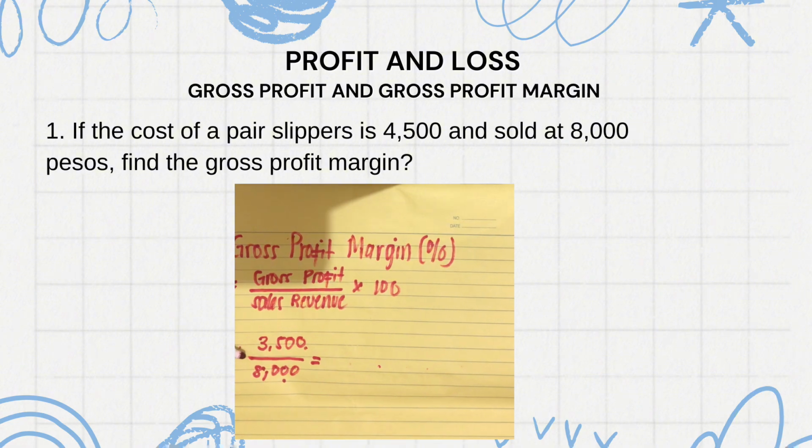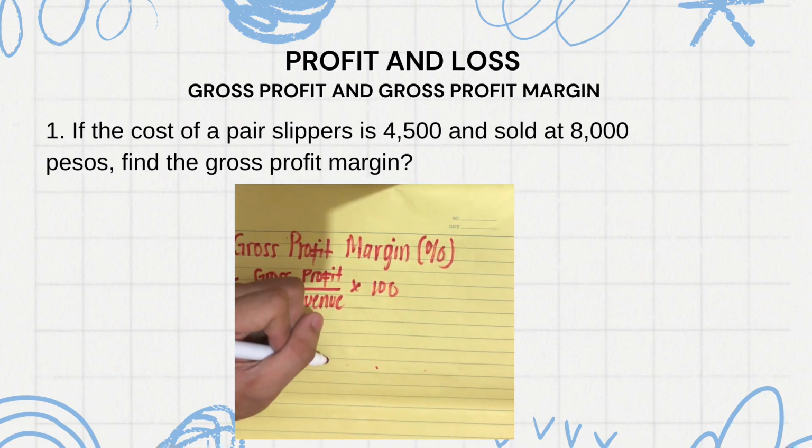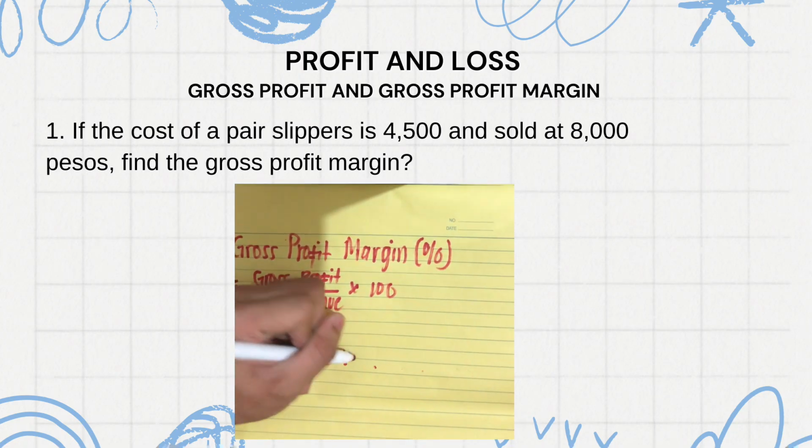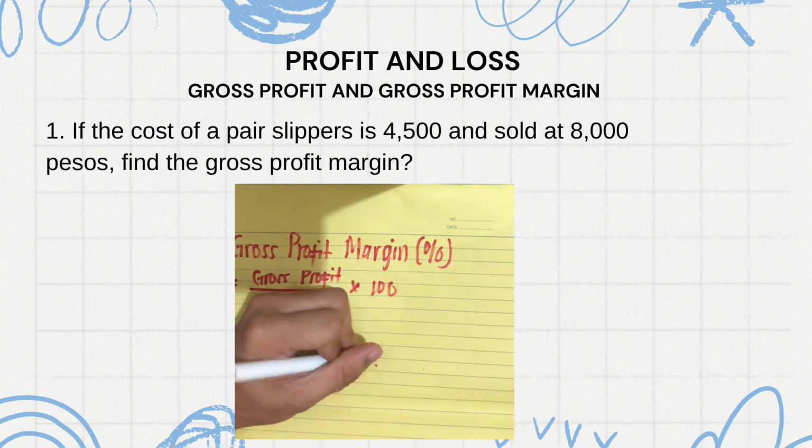Gross profit is 3,500 over 8,000 sales revenue. Divide using the calculator, 0.375.